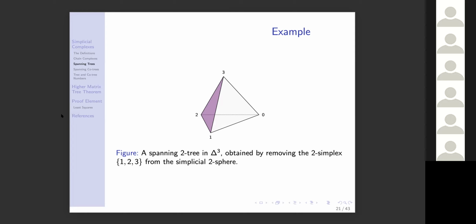Remove that face from the sphere, and what's left over is a 2-dimensional simplicial complex that has 3 2-dimensional simplices: 0, 1, 2, 0, 2, 3, and 0, 1, 3. So I've just removed one of the faces of the surface of the tetrahedron, the face given by 1, 2, 3. And that turns out to be a spanning 2 tree in delta 3. It's a 2-dimensional spanning tree in delta 3.